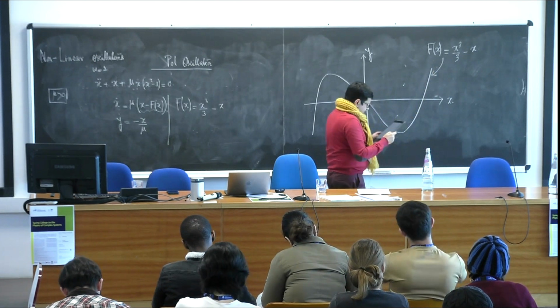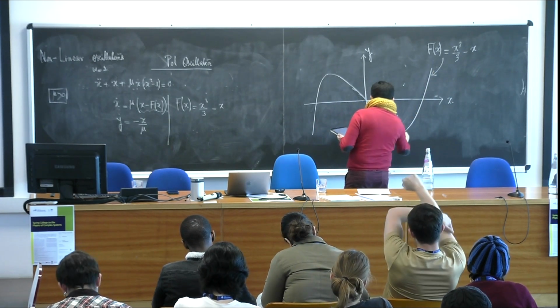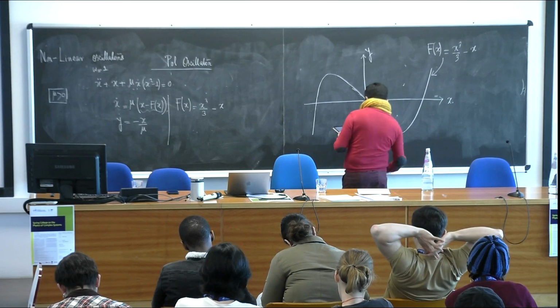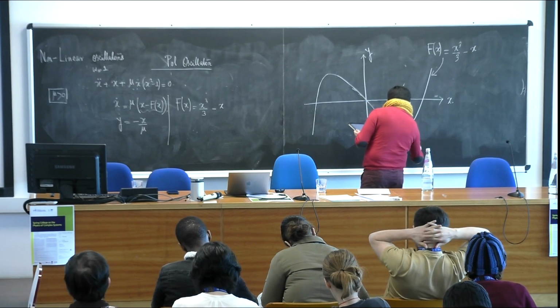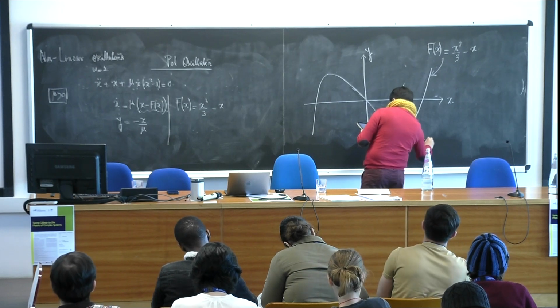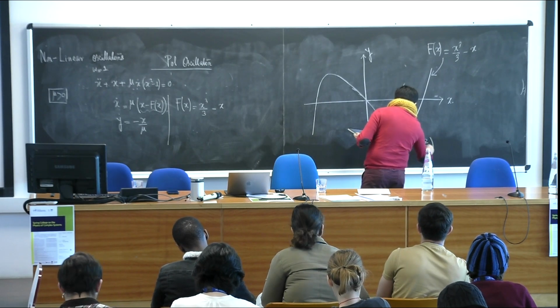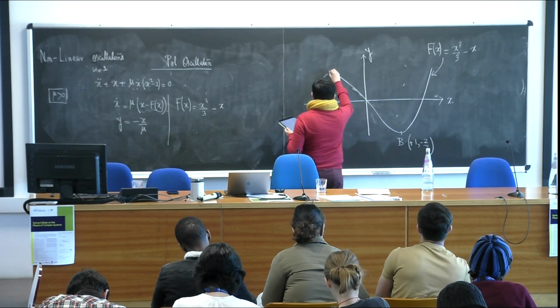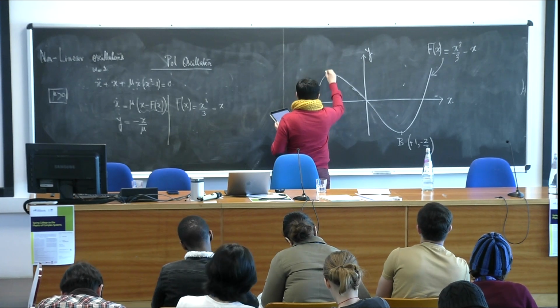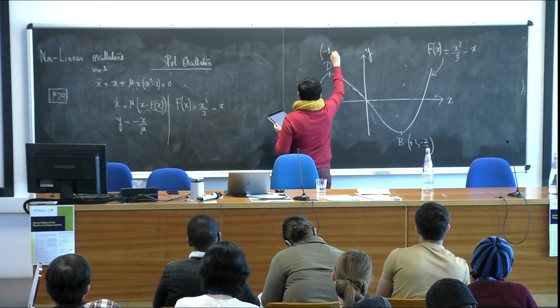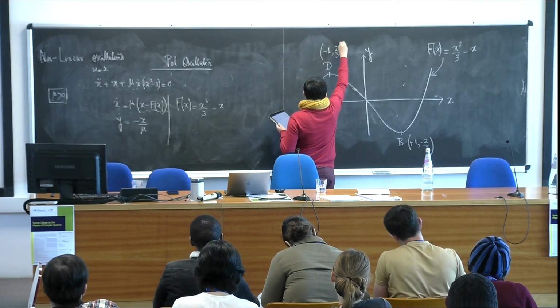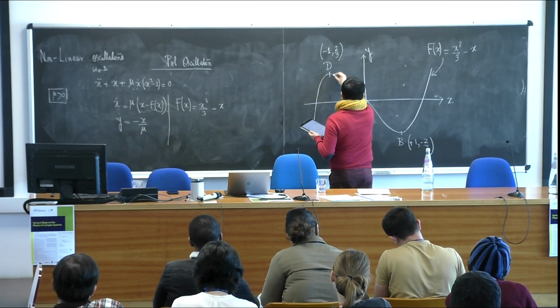You can find these points exactly. So this point is B, which is a minimum point, with coordinates +1, minus 2 by 3. These are irrelevant, but I'm just saying that in principle you can find this point. This is D, whose coordinates are -1, 2 by 3. And then you can define two other points.